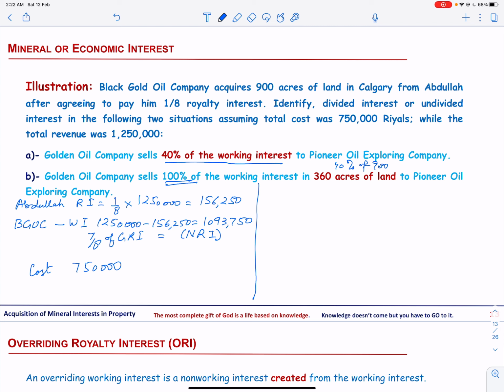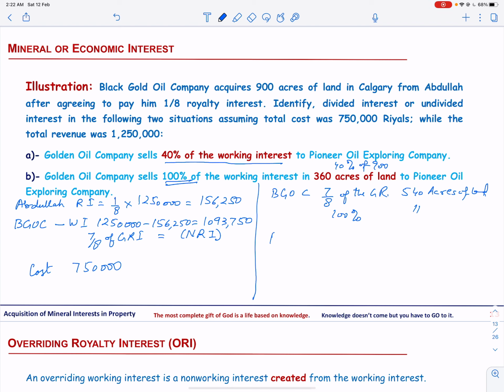So in this case, the Black Gold Oil Company will get 7/8 of the gross revenue generated on 540 acres of land, and they will bear 100% cost incurred on this land.